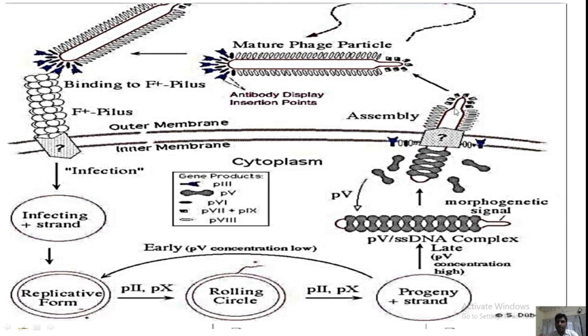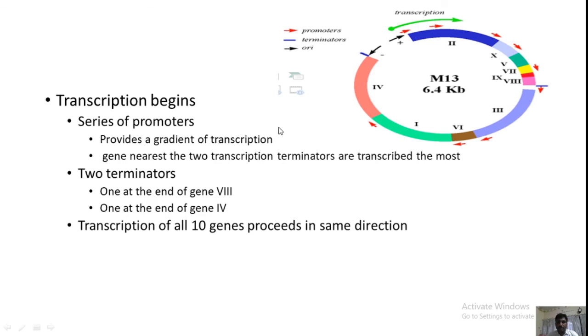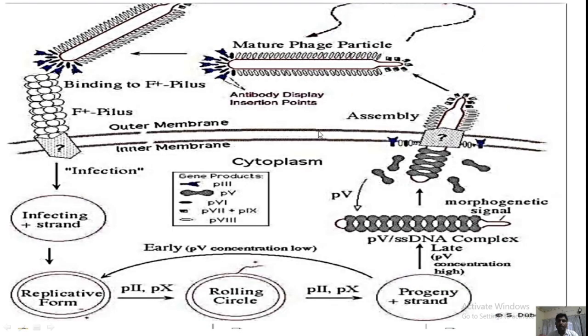As it tries to move out, I have already told you that gene 8 proteins are expressed on the outside of the outer membrane. So as the genome of the bacteriophage tries to extrude out through the membrane, the gene 8 protein covers the genome. Then the gene 8 protein covers the bacteriophage genome.